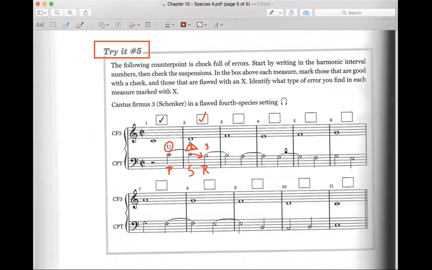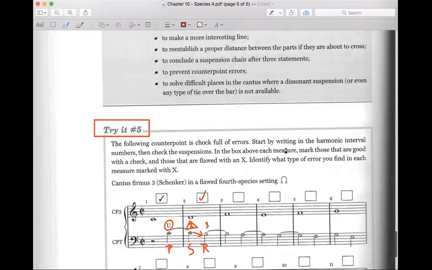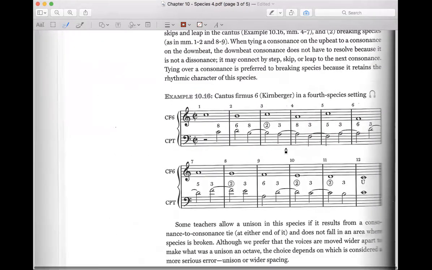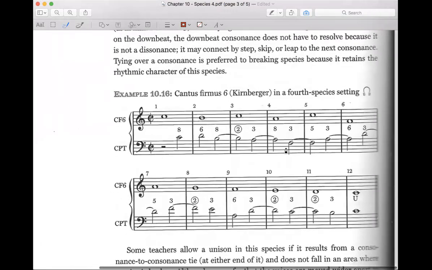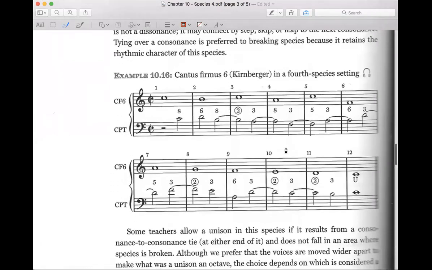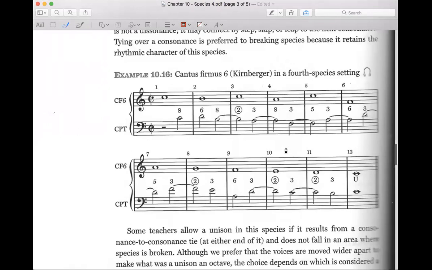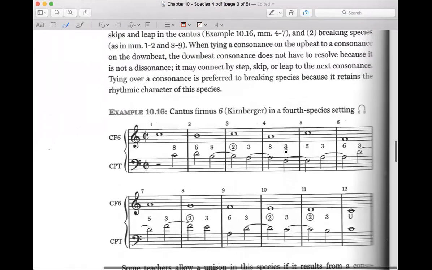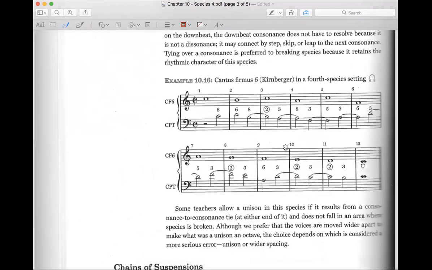How will they look in this species? Well, you're not going to be finding them on the downbeat. You're going to be finding them on the weak beat. So let's see if they give you an example here. Oh, here they're just talking about leaps, which is, leaps are fine.